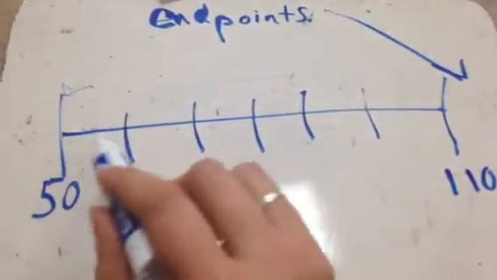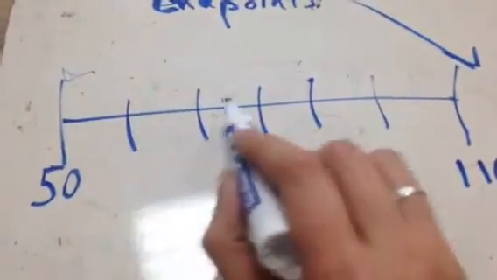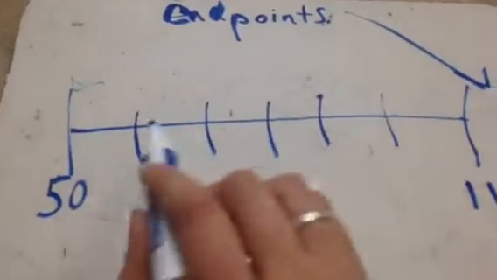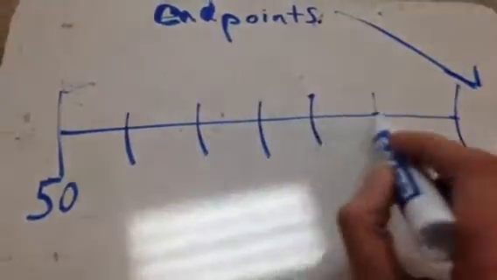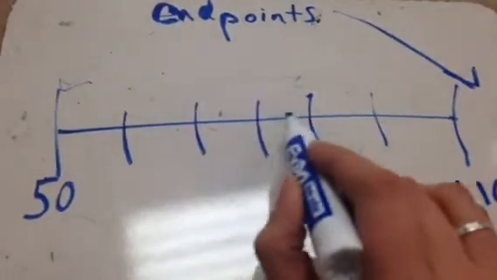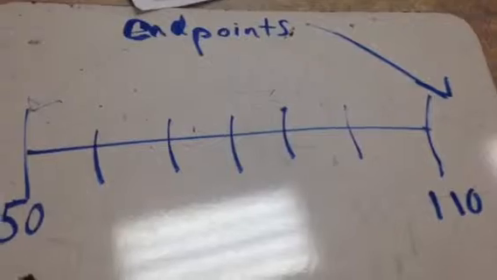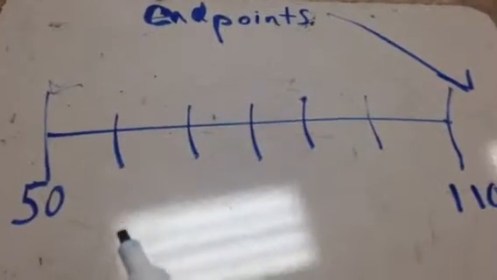So each one of these is a unit, and each one equals the same. So if this were equal to 3, this would be equal to 3, this would be equal to 3, this would be equal to 3, or whatever it is equal to.